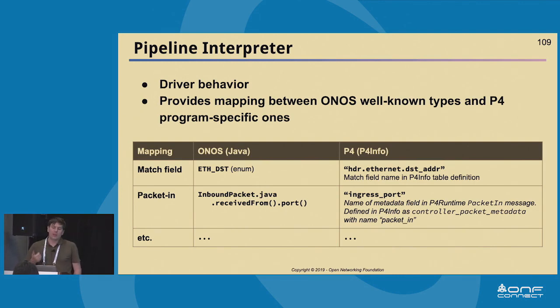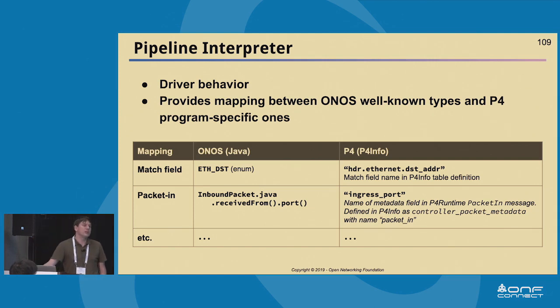So I mentioned this pipeline interpreter, which is a driver behavior that can be provided as part of your Pipeconf. The goal of this interpreter is providing a mapping between ONOS well-known types and P4 program-specific ones.